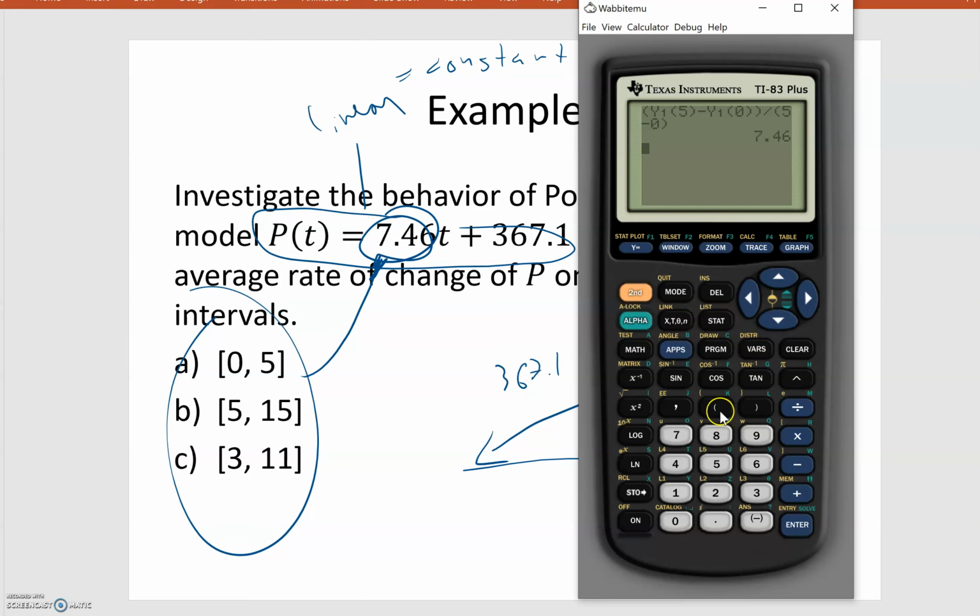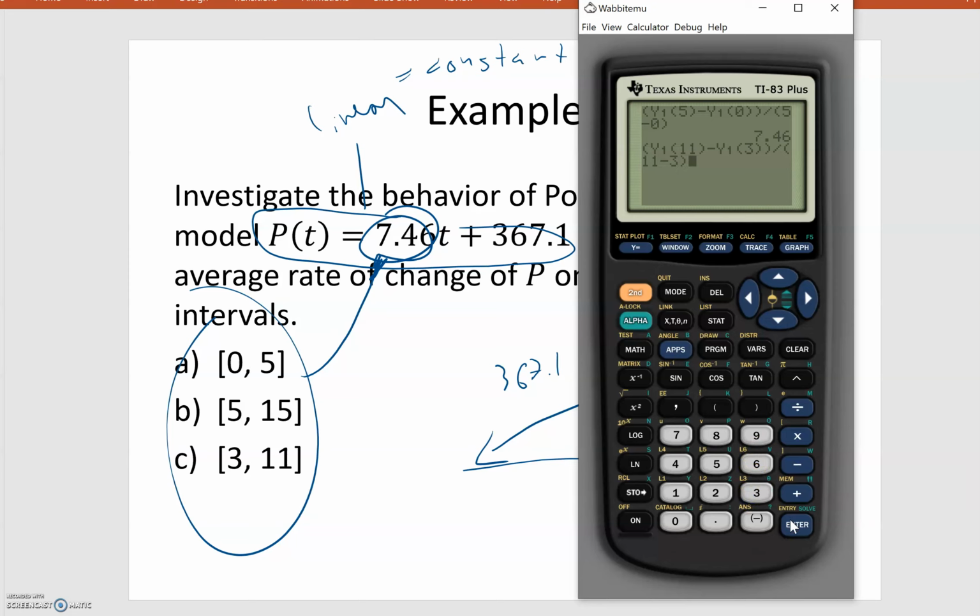So again, begin with parentheses, vars, y-vars, function, y1, parentheses 11, close parentheses, minus vars, y-vars, function y1 of 3, close parentheses, divide by, this is just 11 minus 3, but make sure that you put it all in parentheses there.